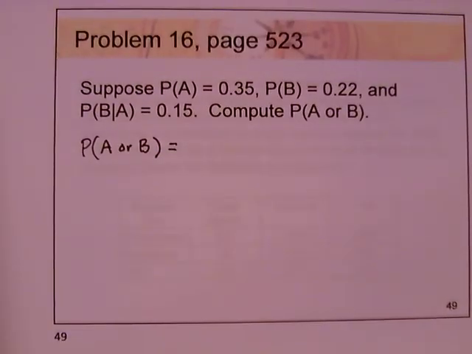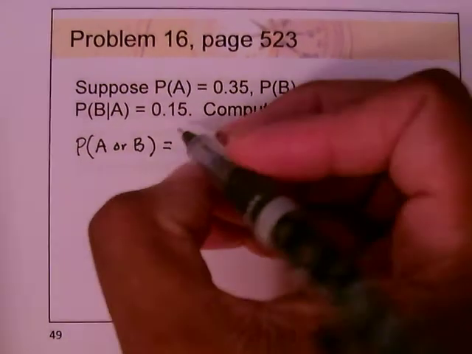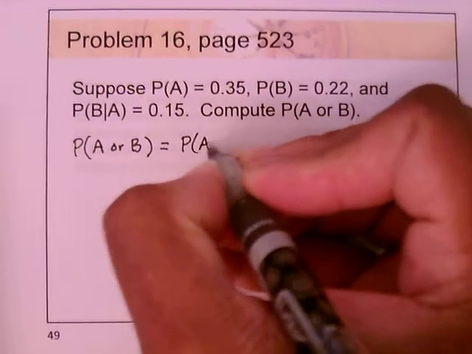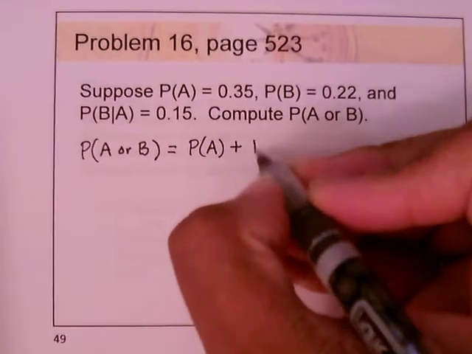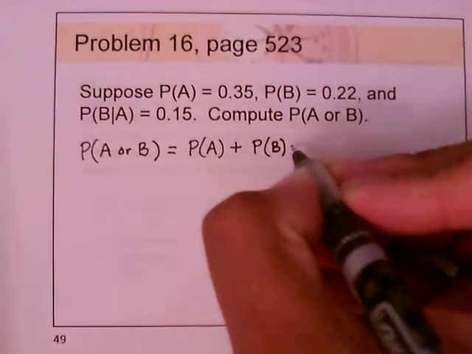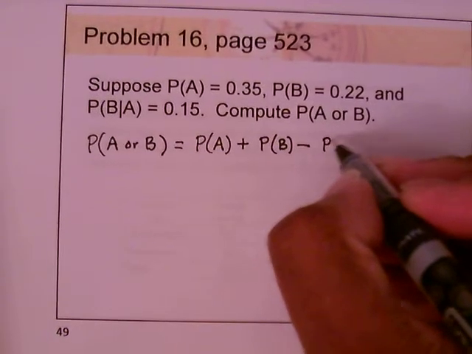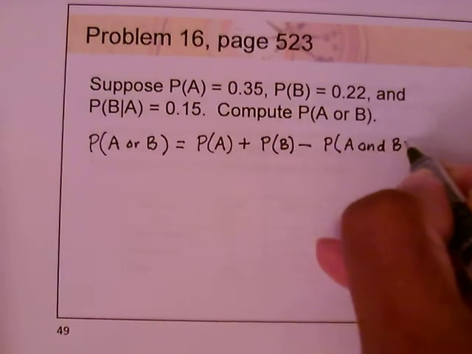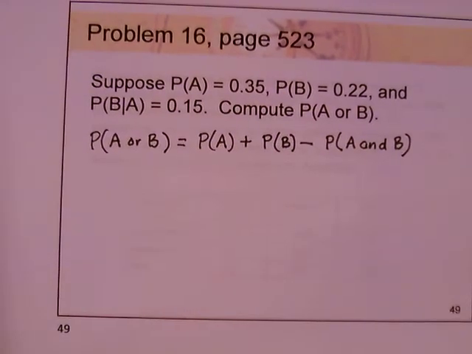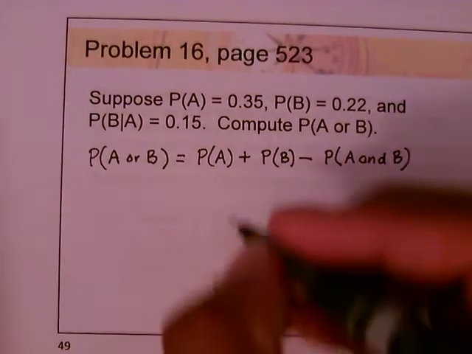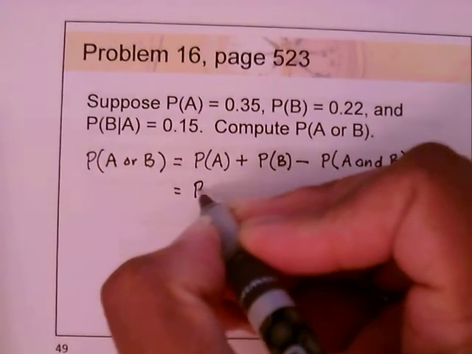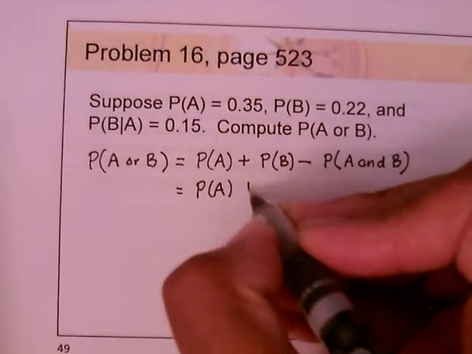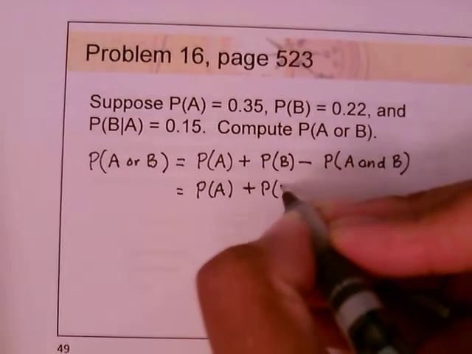Assuming that they're not mutually exclusive events, we need to use this formula here: the probability of A plus the probability of B, and then subtract from it the probability of A and B. Now this one I'm going to bring down the probability of A plus the probability of B because I know something else.